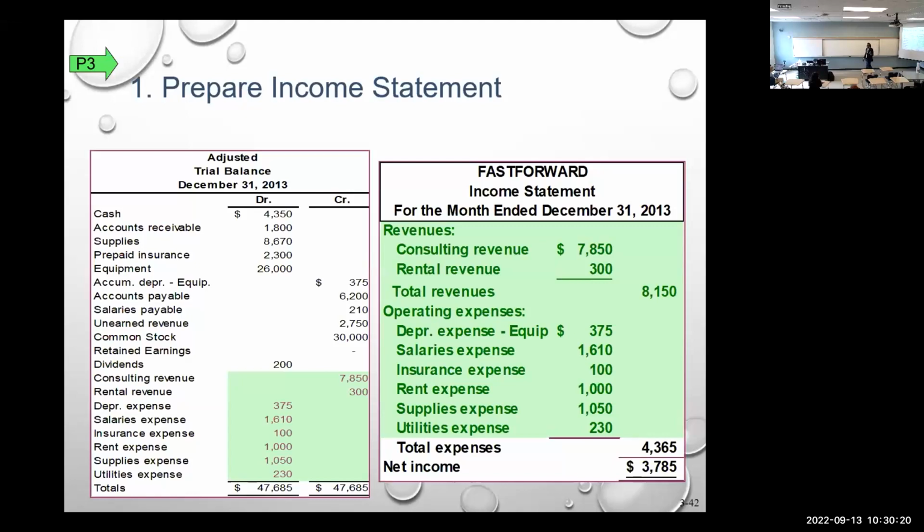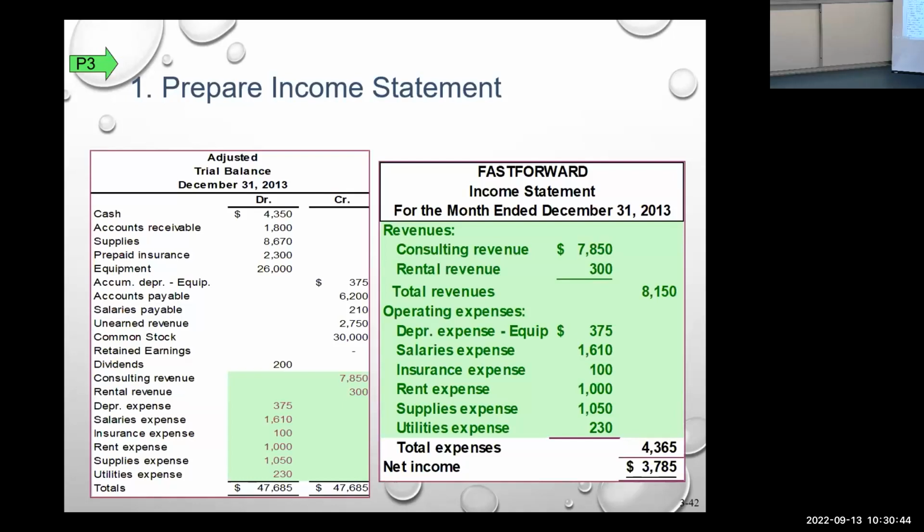Then you're gonna take the net income and make what statement? Not the balance sheet yet. What's next? The statement of retained earnings.